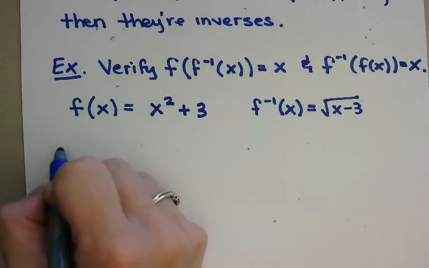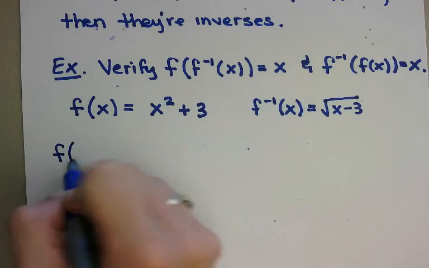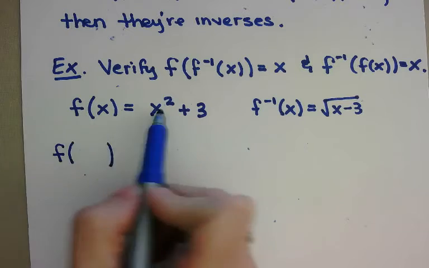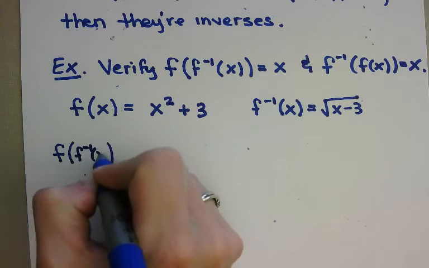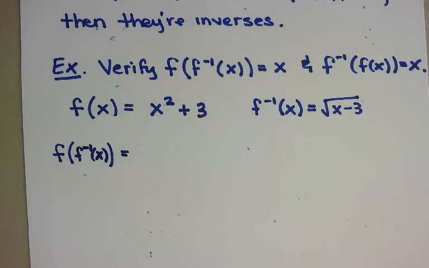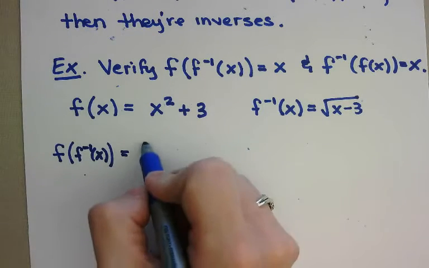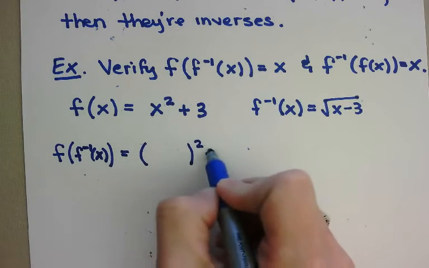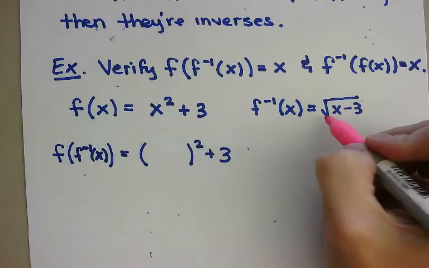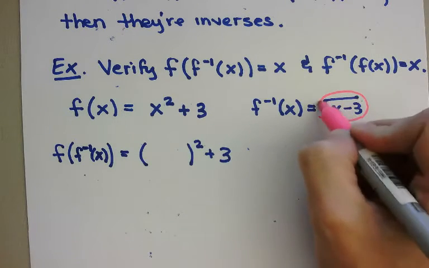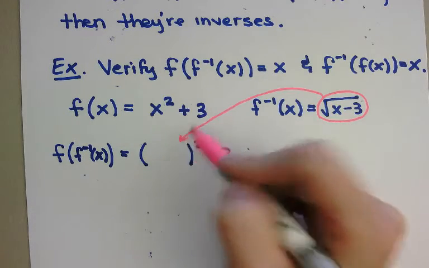Which means in the f of x function, we're going to substitute in the equation for f inverse of x. So I'm going to write down my f of x function: x squared plus 3. And now I'm going to take the f inverse and sub it in there.